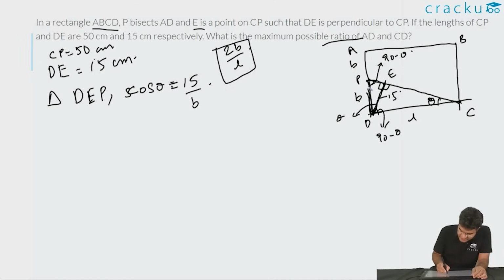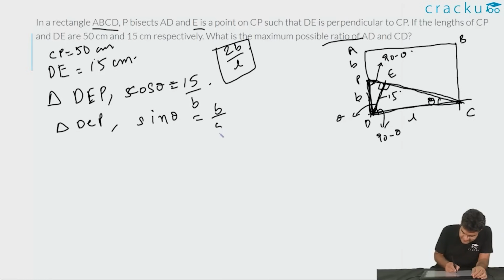This side is the hypotenuse. Now similarly, if you are looking at the bigger triangle, that is triangle DCP. So in triangle DCP, sine theta is equal to, the side opposite theta is B and the hypotenuse is CP, which is equal to 50. So this is equal to 50.